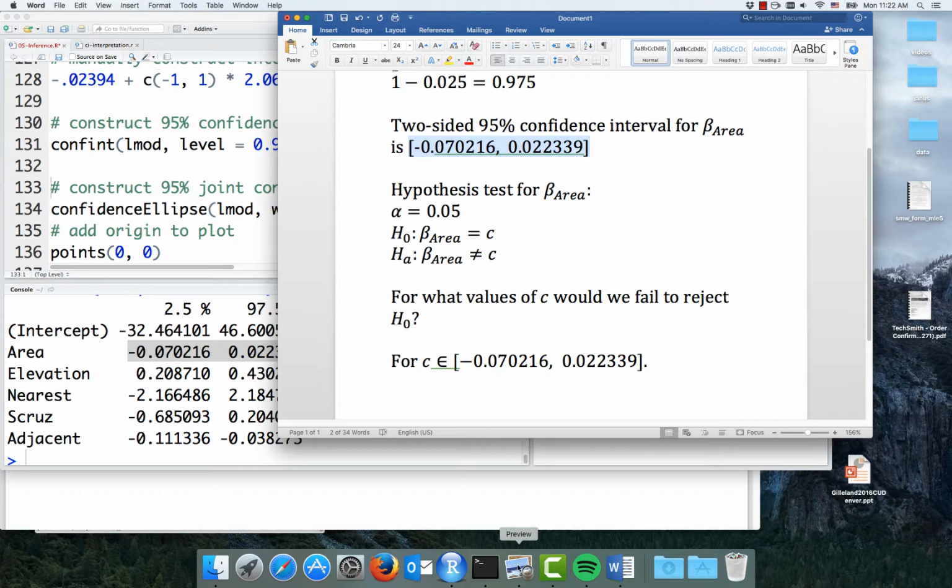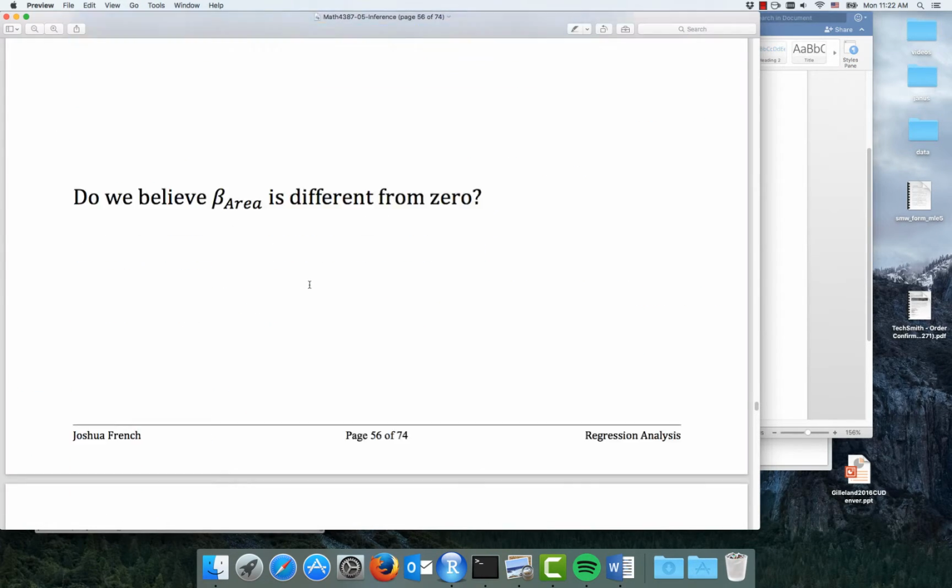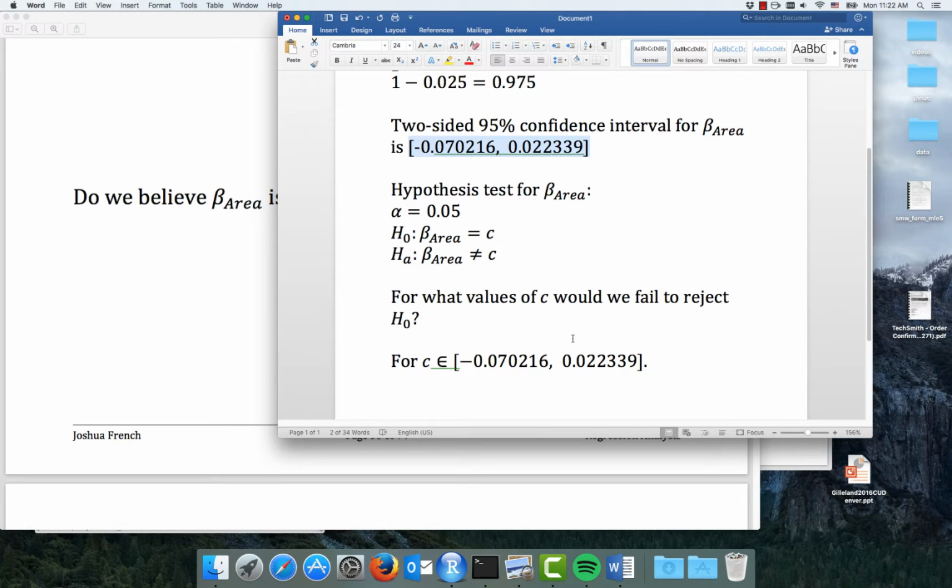So, looking at that, do we believe beta area is different from 0? Well, 0 is in our confidence interval, right? We've already stated that any value that was in our confidence interval would cause us to fail to reject the null hypothesis in this test. And so we do not think that beta area is different from 0.